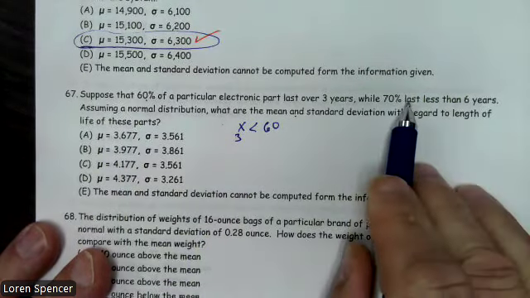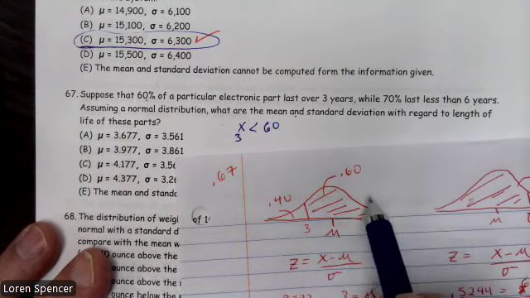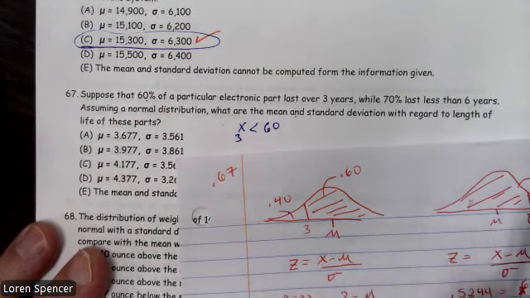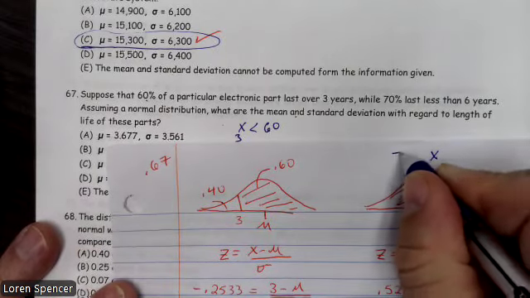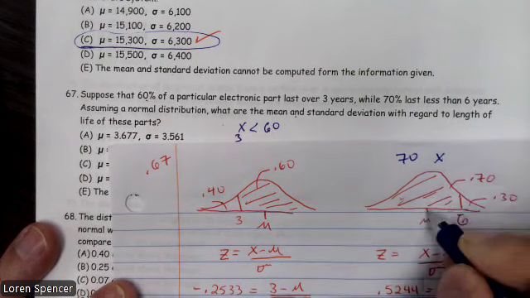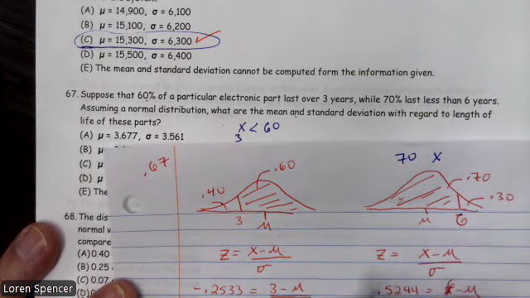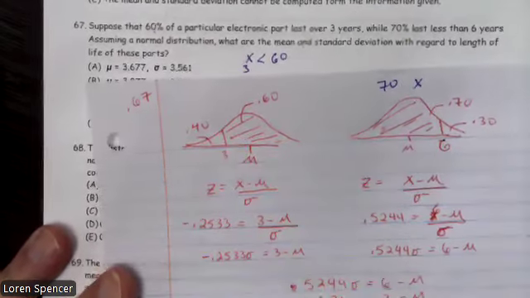And so that means if I'm drawing my picture, 60% is coming from the right. So 40% below. The next one, 70% less than X. So if I put an X, my 70 is down here, and we're shading below, and that X represents a 6. Find the mean and standard deviation for those parts.